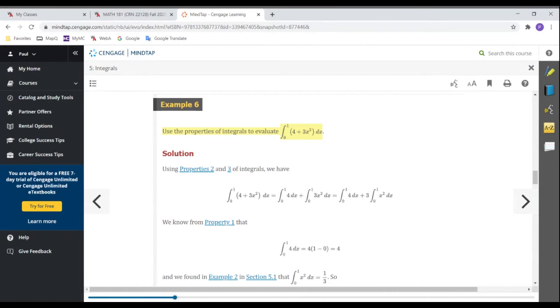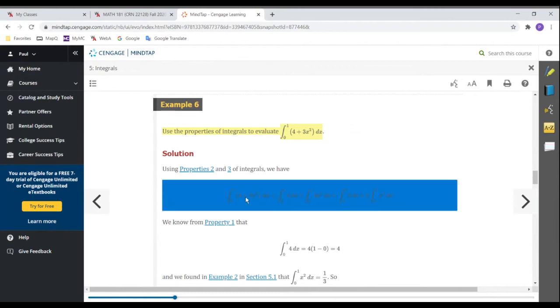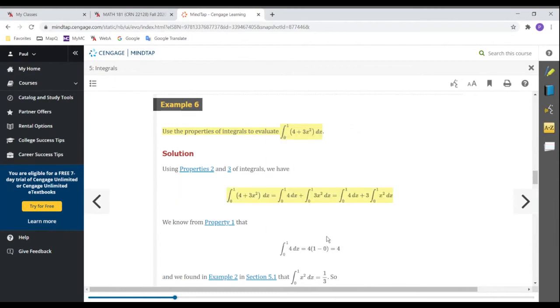If you have the integral from 0 to 1 of 4 plus 3x squared dx, you can break it up into the sum of two integrals. But then the constants, the 4 and the 3, you can bring out in front. The 4, they're just going to leave in there for the first integral. But the 3, in the second integral, which is the integral from 0 to 1 of 3x squared dx, they're just going to bring the 3 out in front.